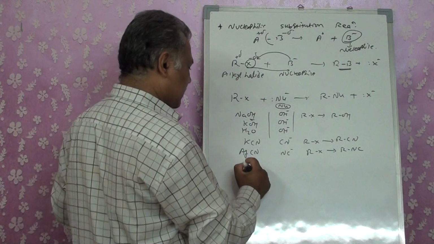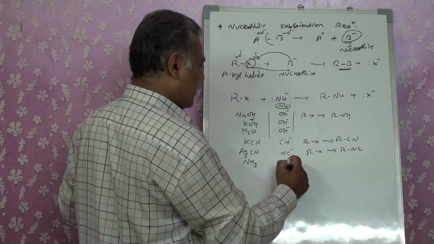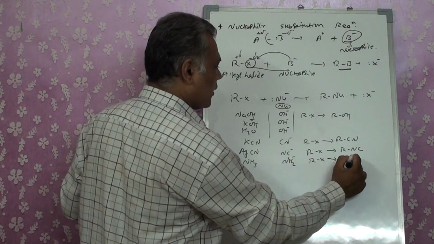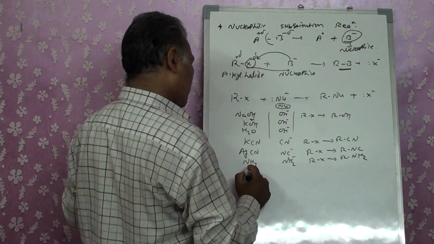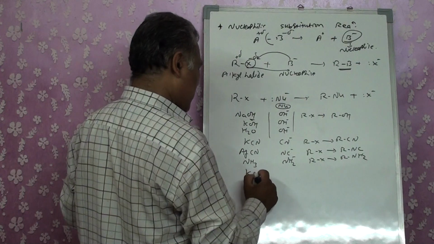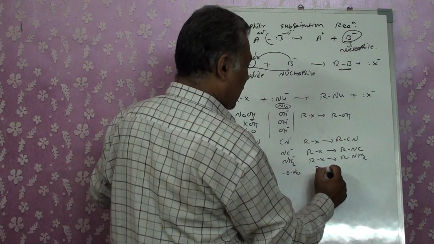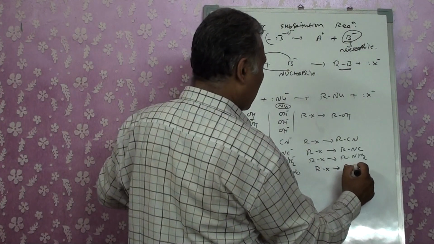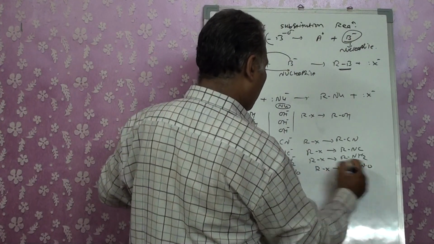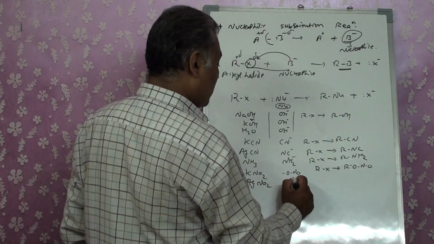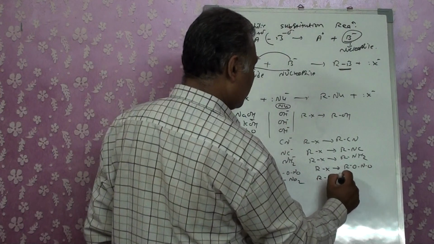If I use NH3, I get NH2 minus, so RX changes to RNH2. If I use KNO2, I get ONO. RX will change to RONO. In place of that, if I use AgNO2, this time I get NO2.